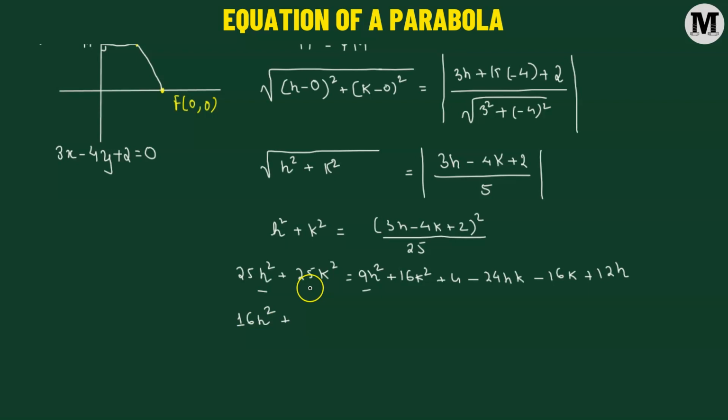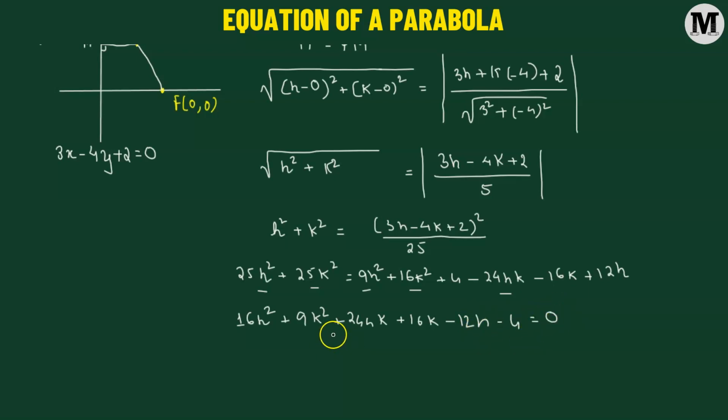Then 25k squared minus 16k squared is 9k squared. Then negative 24hk becomes positive 24hk, plus 16k, minus 12h, and minus 4 equals 0.